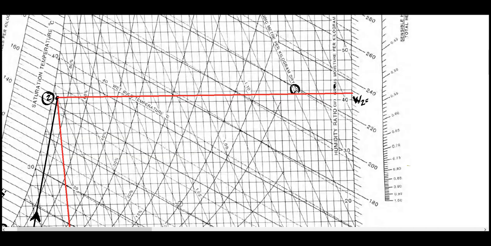This is 40, then 2, 4, 6, 8, and then we have 50. So this is around 41.9. So that will be divided by 1000 to make it kilograms. So we have the humidity ratio of 0.0419.